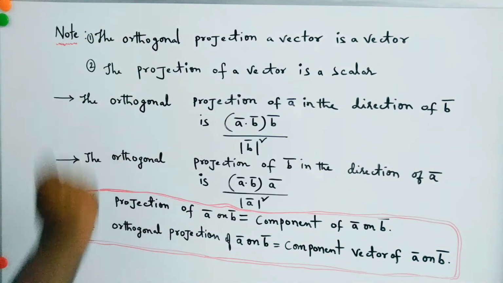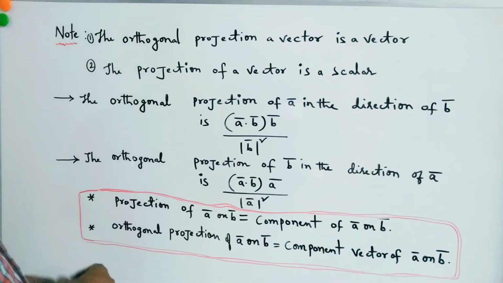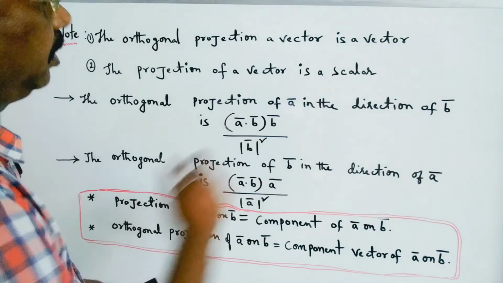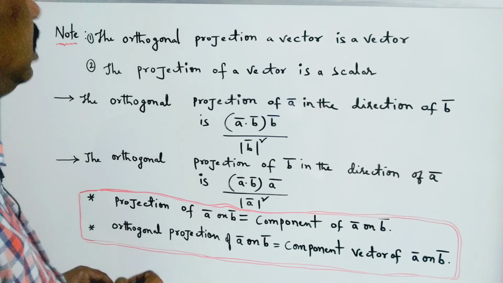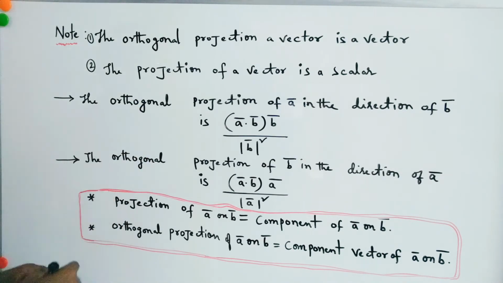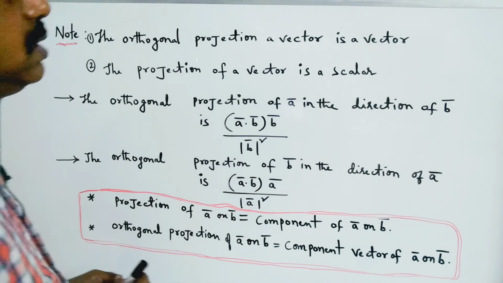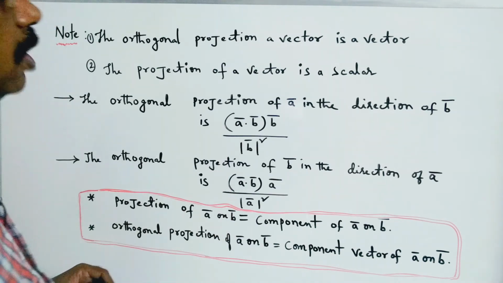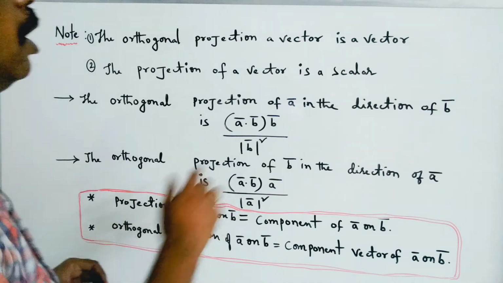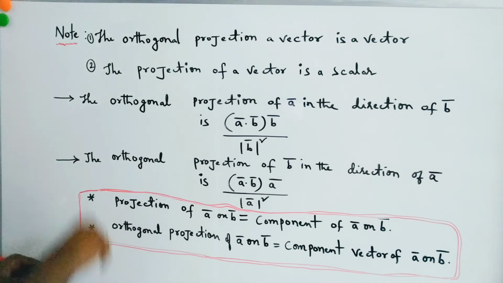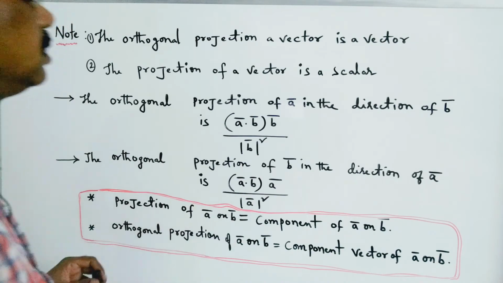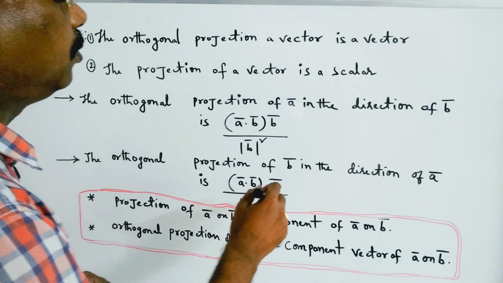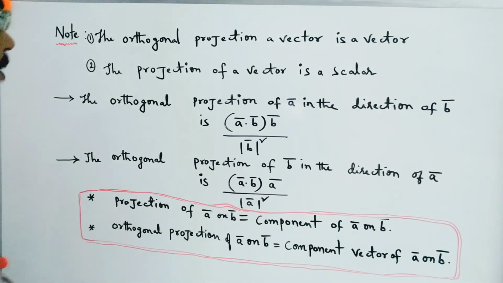Note, first one, the orthogonal projection of a vector is a vector. The projection of a vector is a scalar. The orthogonal projection of A bar in the direction of B bar is A bar dot B bar into B bar by mod B bar square. The orthogonal projection of B bar in the direction of A bar is A bar dot B bar into A bar by mod A bar square.